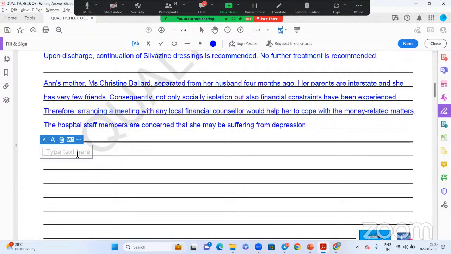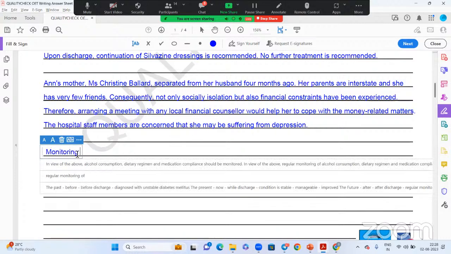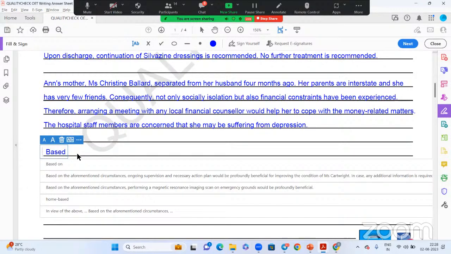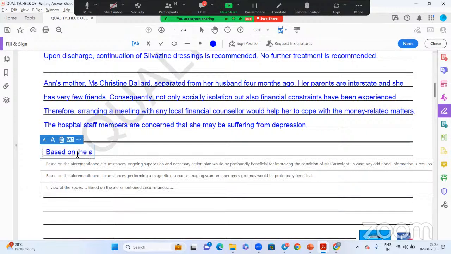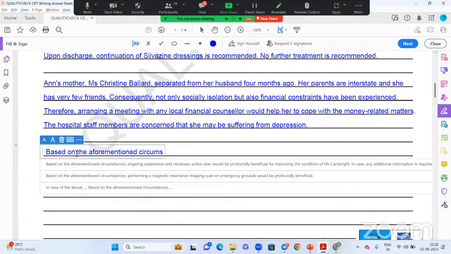So monitoring. So you can say, based on the aforementioned circumstances, considering the above mentioned circumstances, having considered the aforementioned circumstances.